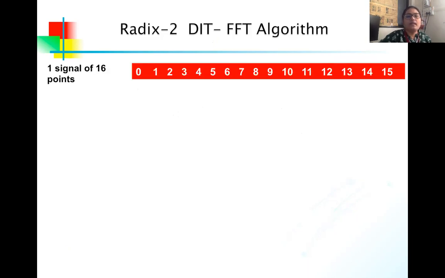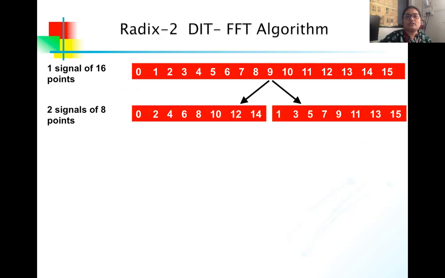So here, a signal of 16 points is considered. If my input is 16 points, capital N is equal to 16. How many stages will be required? 2 raised to 4, so L is equal to 4. For computation of FFT using the radix 2 DIT algorithm, we need to apply 4 different stages.